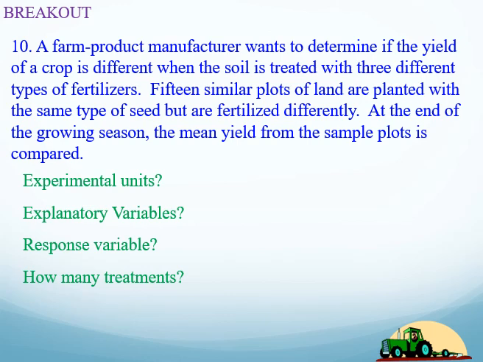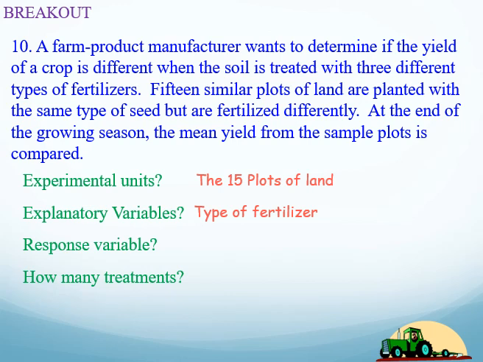All right, so the experimental units are the 15 similar plots of land. And the explanatory variable, so we're hoping that it's going to explain what's happening, right? That's what we vary, and so that's going to be the 3 different types of fertilizer.